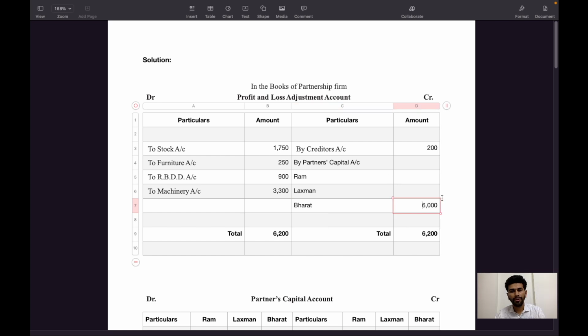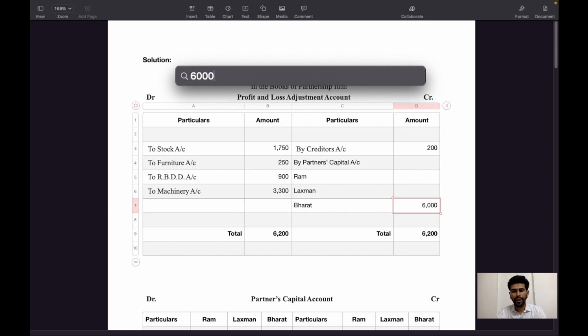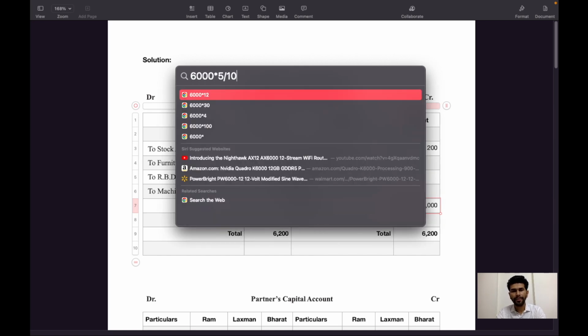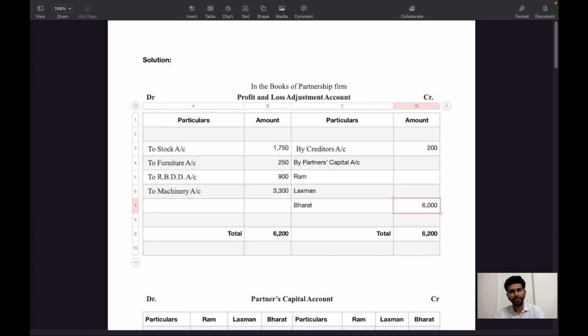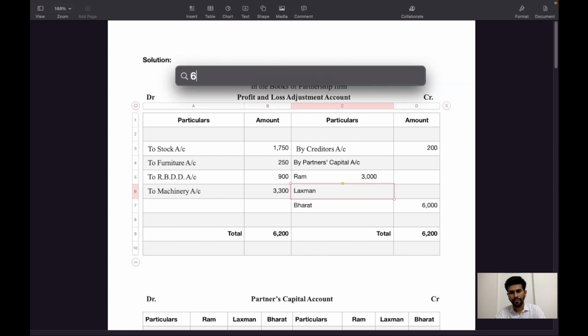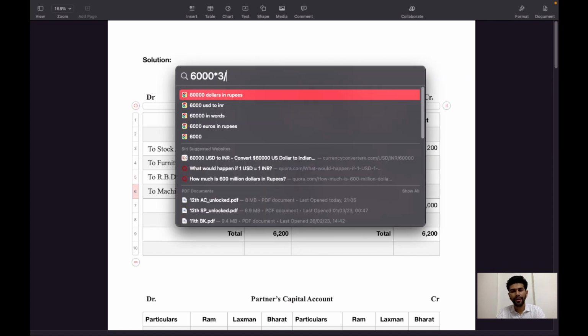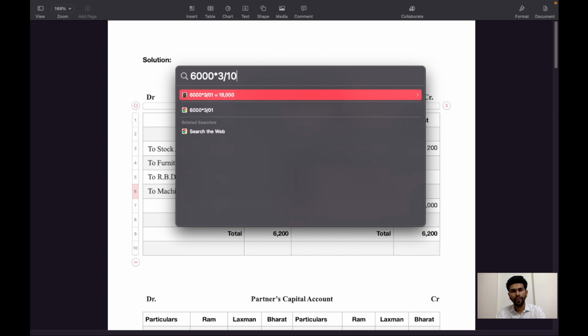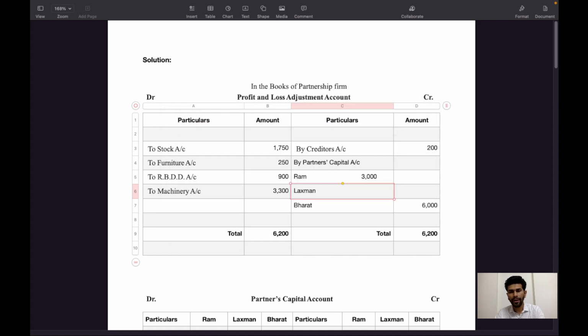So 6,000 rupees will be distributed among Ram, 6,000 into 5 by 10, 3,000 rupees for Mr. Ram, 6,000 into 3 by 10 for Mr. Lakshman, 1,800 rupees, and balancing 1,200 rupees for Mr. Bharat.